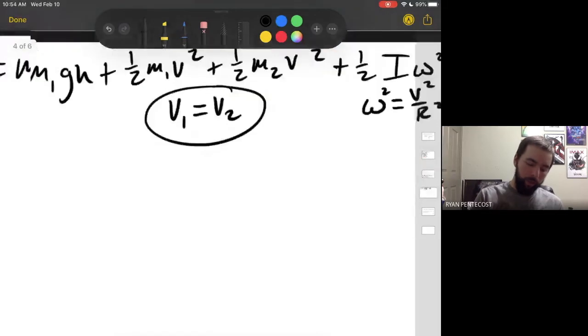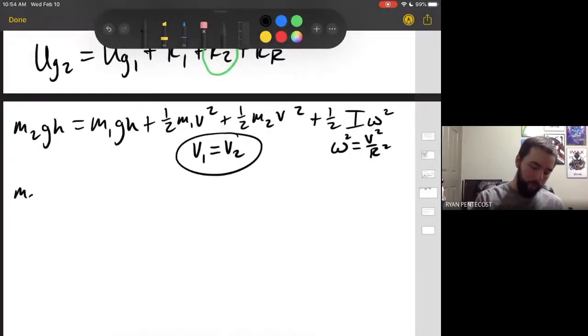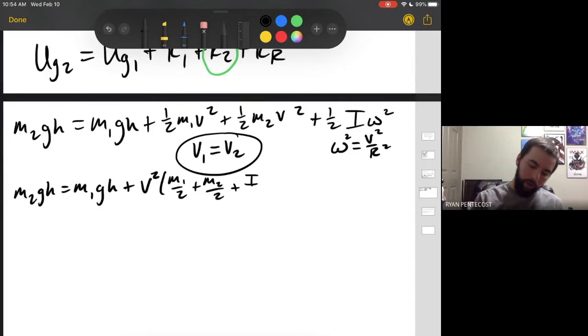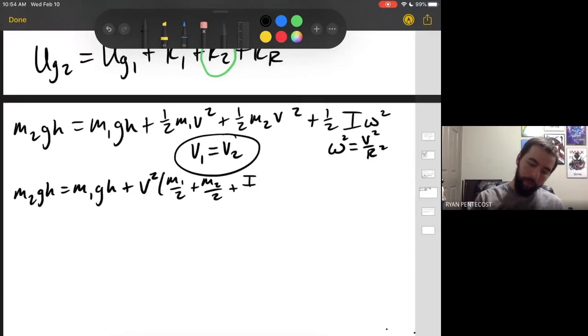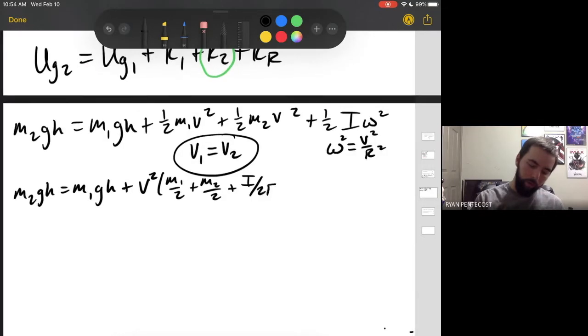So let's rewrite this. You got M2GH equals M1GH plus, I'm going to factor out that V squared, we've got m1 over 2, m2 over 2, and then you have I over 2r squared. If that's v over r squared, then yes, you have I over 2r squared.